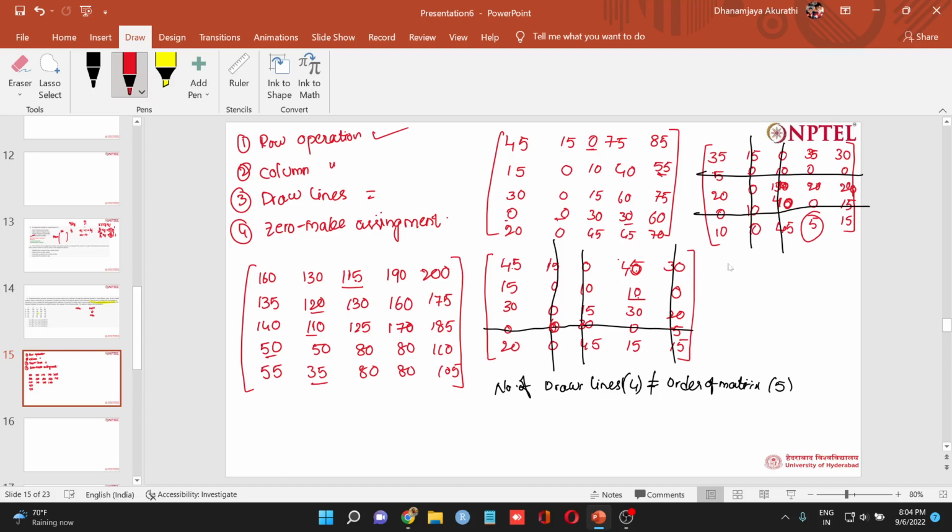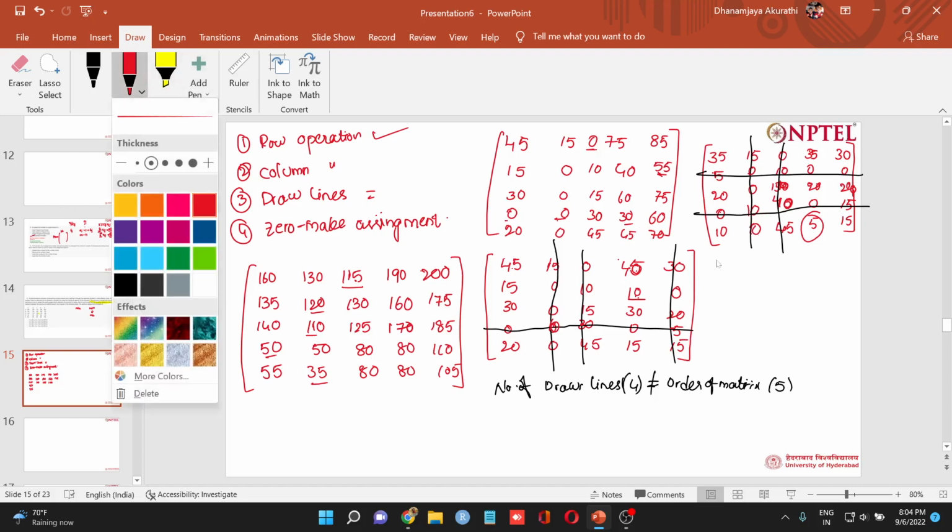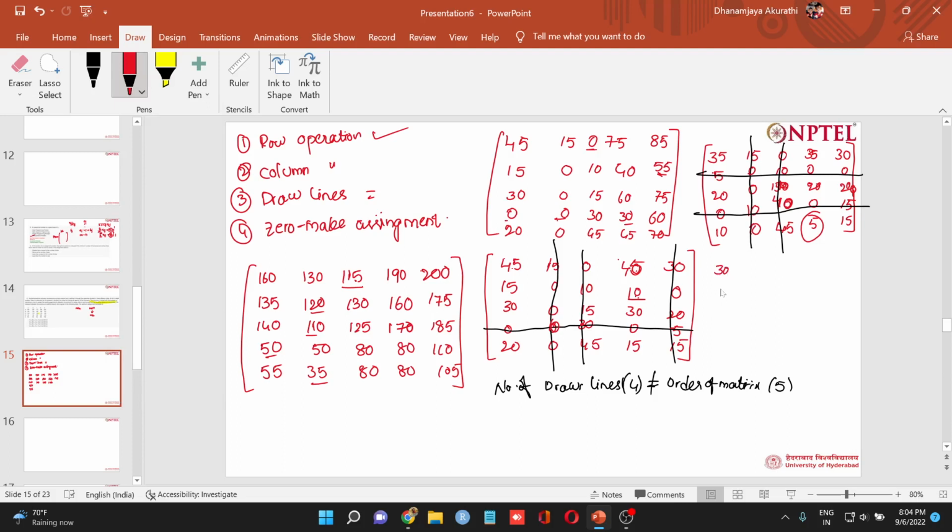After doing those steps we can find out that here it is the 5. So subtract it from the uncovered elements and the remaining are same: 15, 0 and 5.